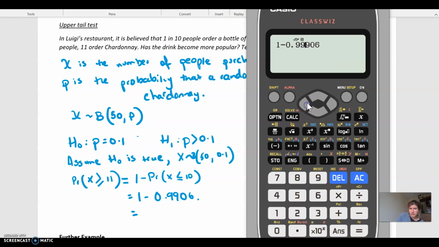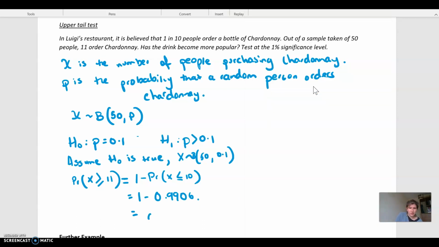Sorry, guys, too many 9s in there. Delete that. All right, and we end up with 9.4 times 10 to the negative 3, so that's 0.0094.